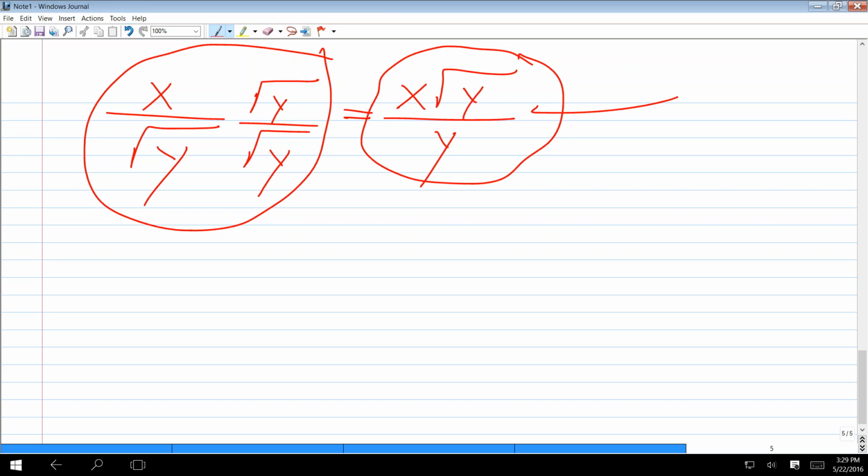This answer over here is the same as what you started with. It's exactly the same. But the one guarantee is that as long as y is an integer, this has a rational denominator.